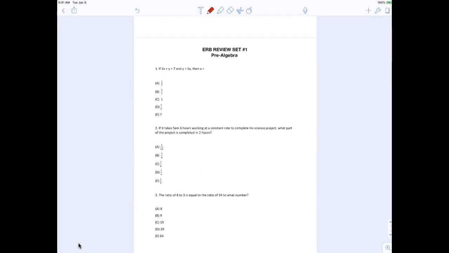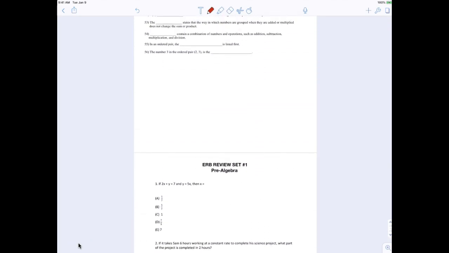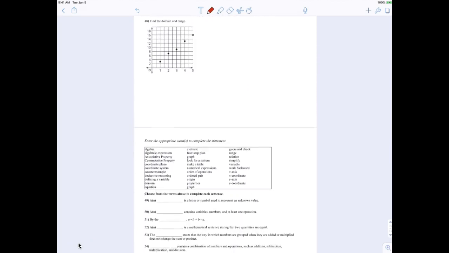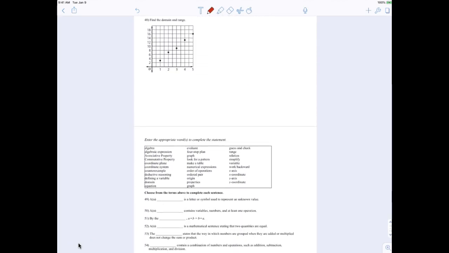I'll really work on those with you tomorrow. I want you to do the rest of this review. Try to get it done tonight. If you don't know how to do a couple problems, does it matter? No, we're going to do it in class. Perfect. That's exactly what I want. And then on Monday, I'm going to scroll through your iPads and see if you do them all.